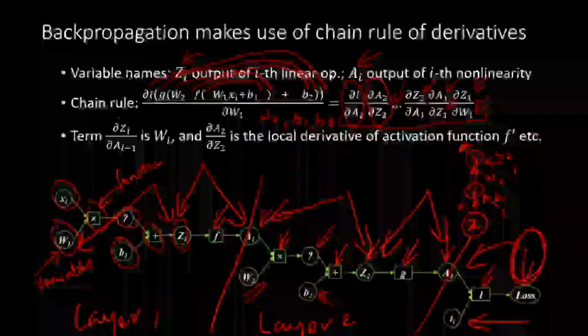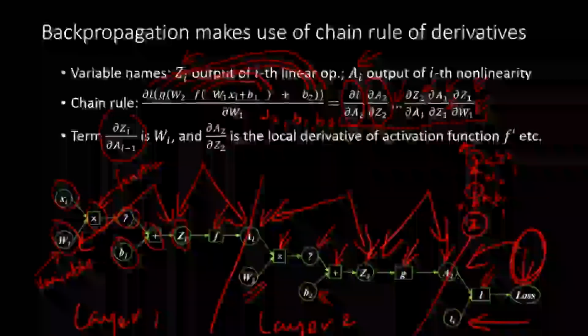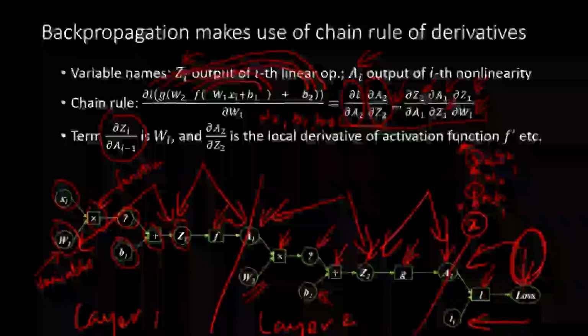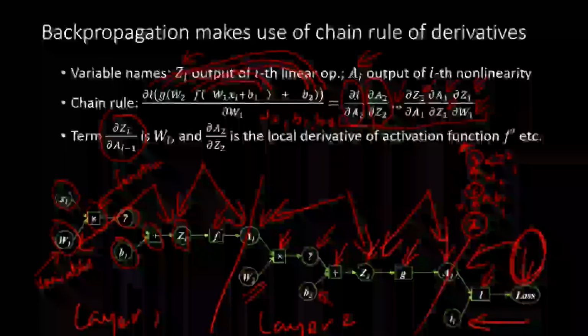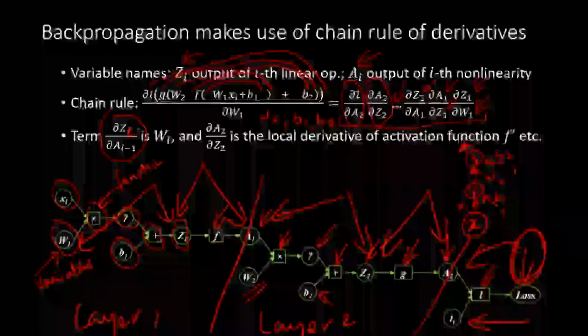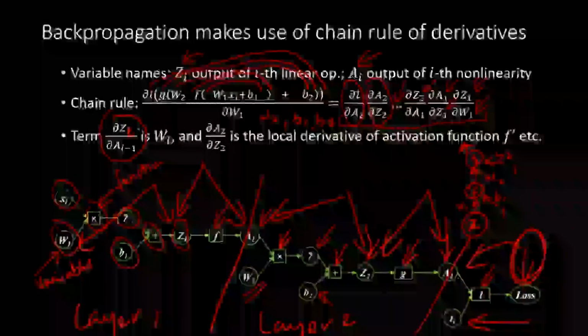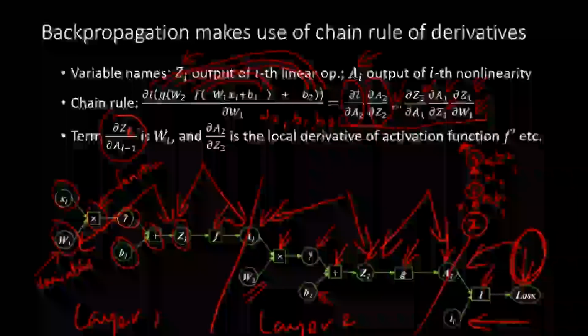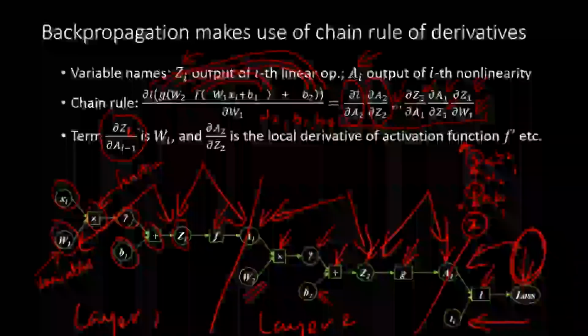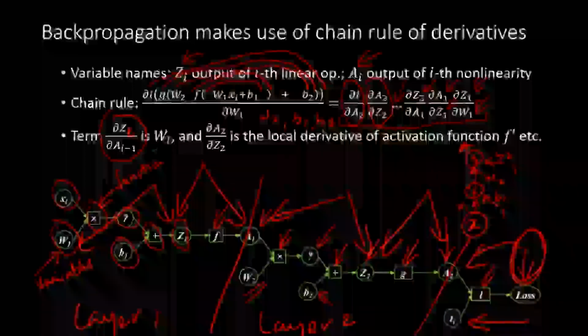One is the derivative of ZL, if you are talking about the Lth layer, with respect to AL minus 1. So the derivative of Z with respect to the output of the previous layer, or the input of this layer, and that is going to be WL.